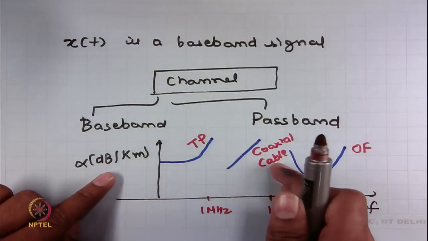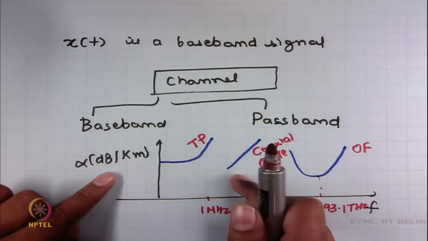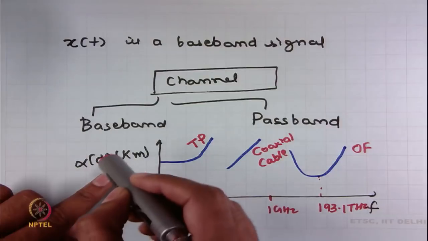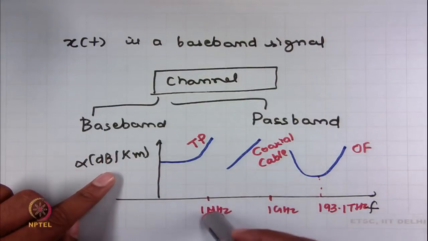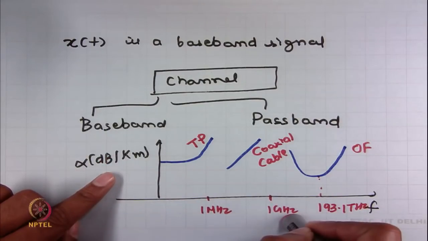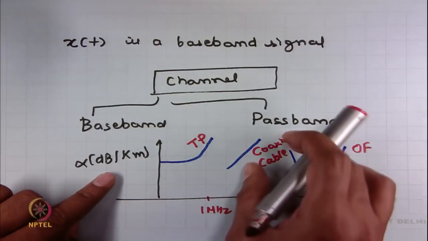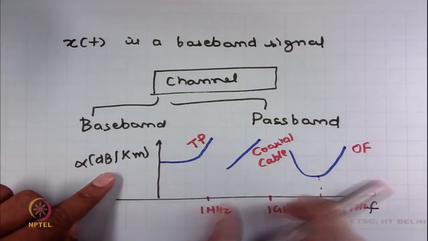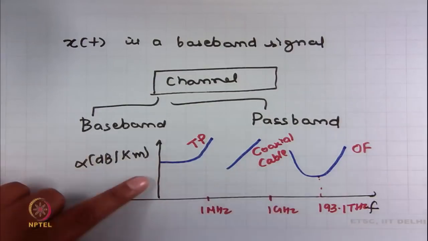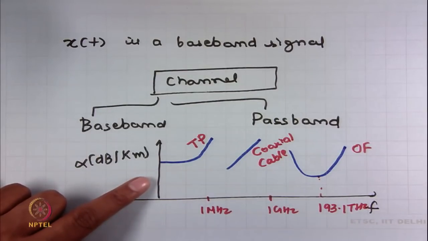The coaxial cable on the other hand is also a passband channel, because it also has a low attenuation for frequencies around 1 megahertz to 1 gigahertz. That means it can also efficiently transmit these frequencies. Twisted pair on the other hand has been used both as a passband and as a baseband channel.